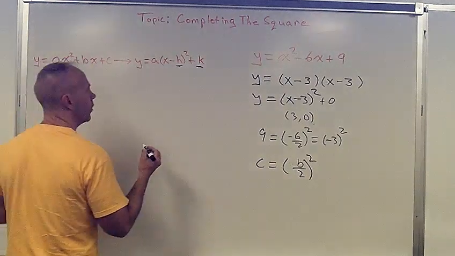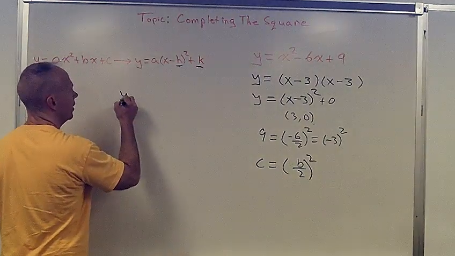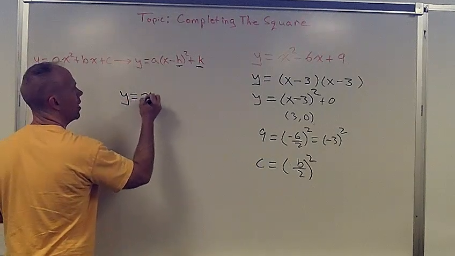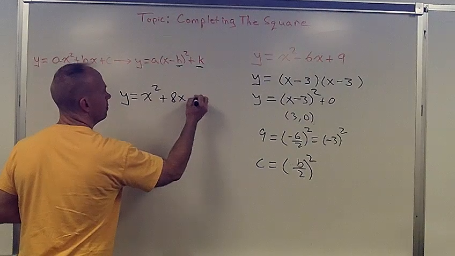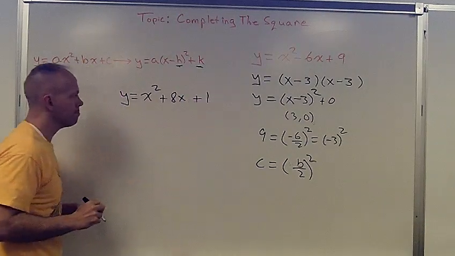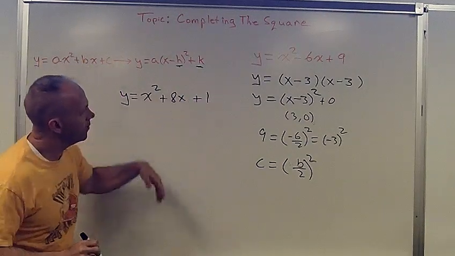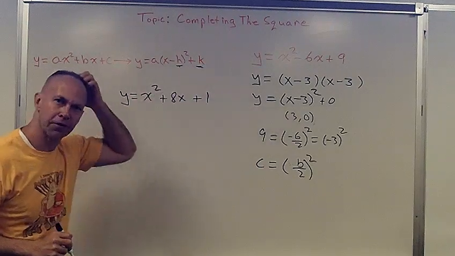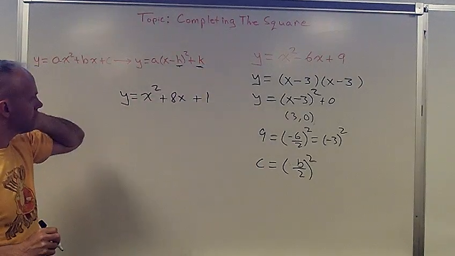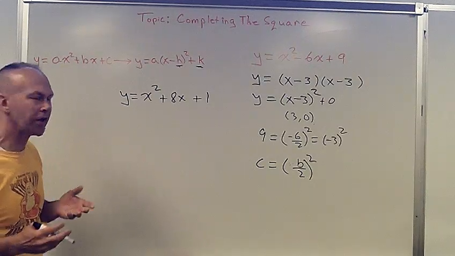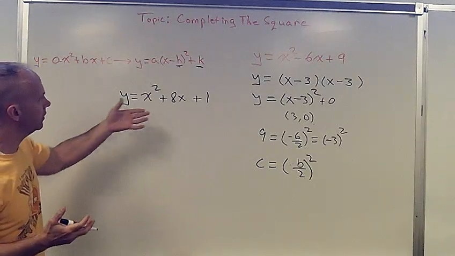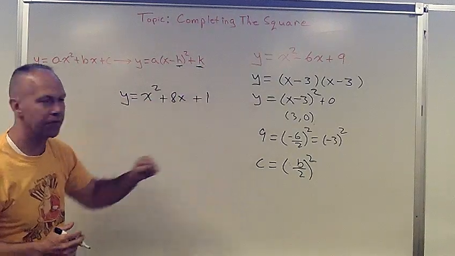So if we've got a situation where, say, we've got x squared plus 8x plus 1, is this going to factor like this one over here? Well, no, it's not. So we've got to find a way to create something that will meet that criteria.